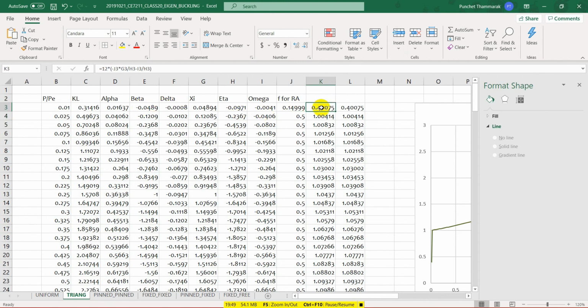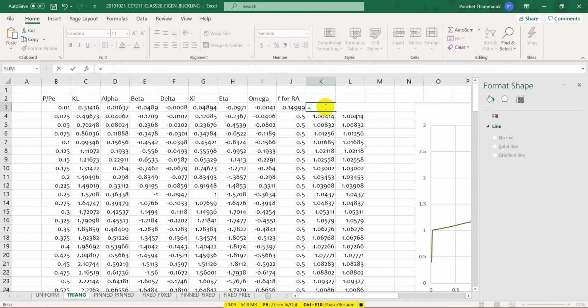How about the moment? Moment is equal to, one second.